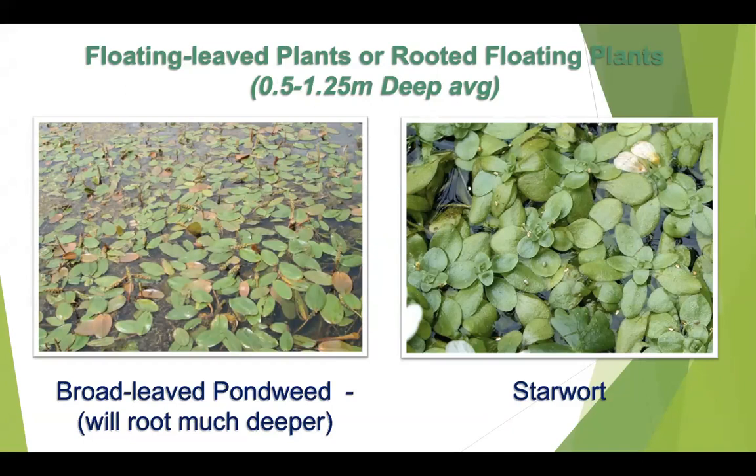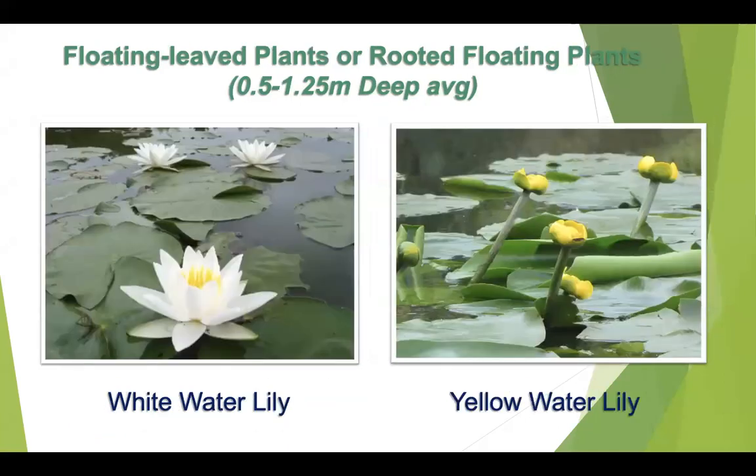Pondweed will march and will establish themselves much deeper than 1 to 2 meters, so we do need to be aware of that. And again, it's something that anglers often will target fishing, but they'll also moan when it becomes established and too dense and too difficult to fish in. Some of the other pretty plants, if you like, we've got the native lilies here. You've got the white water lily and the yellow water lily.